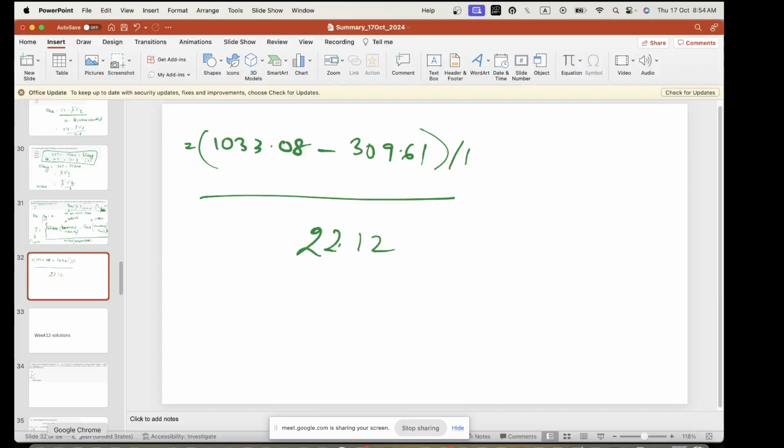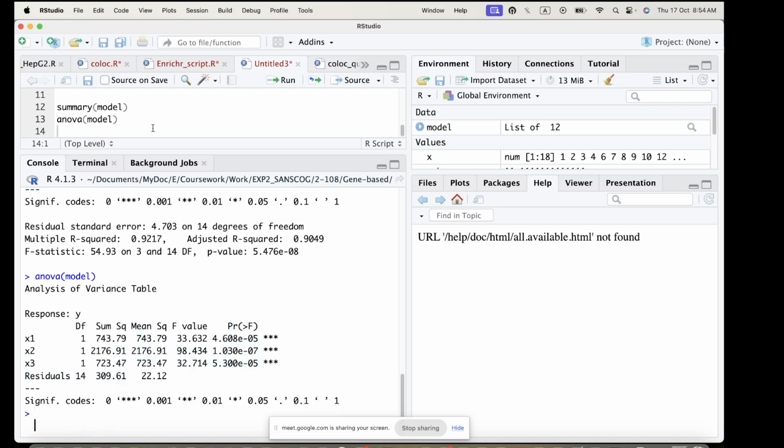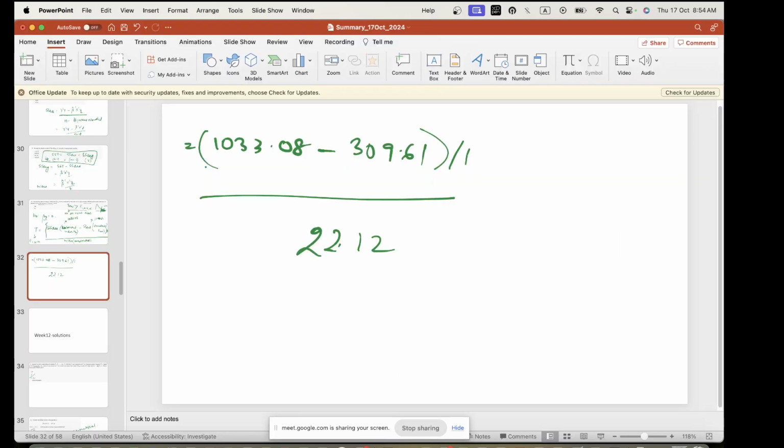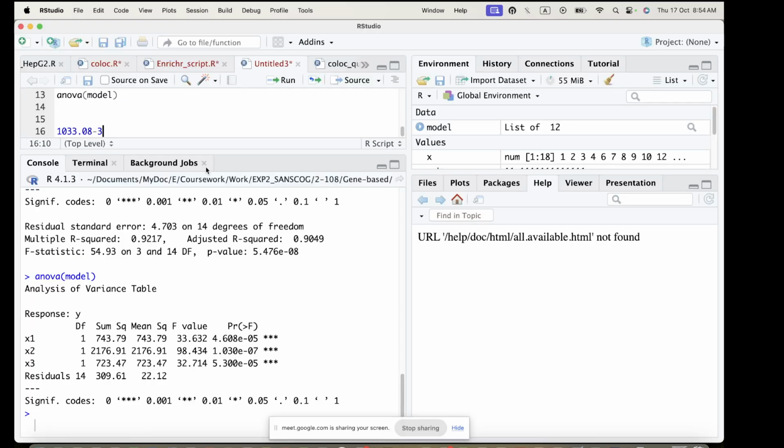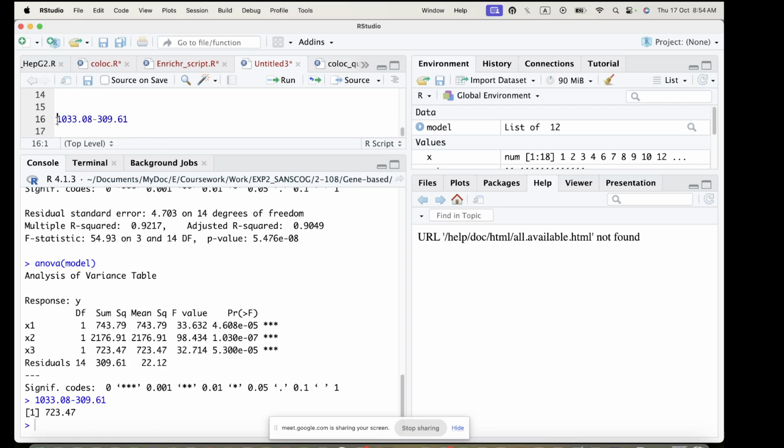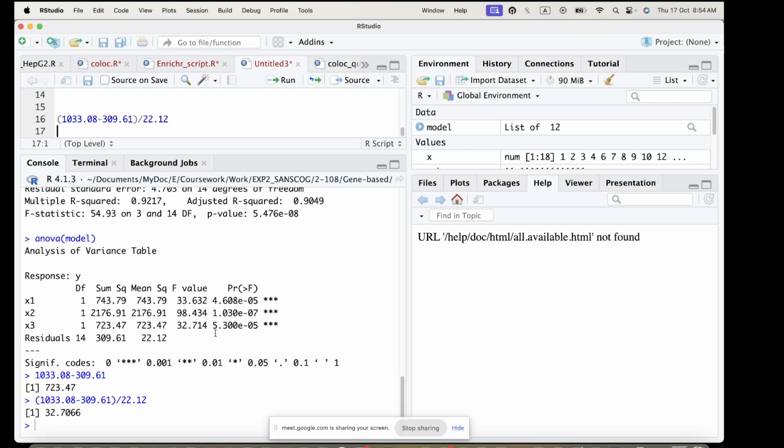So if we try to do this, how much do we get here? 1033.08 minus 309.61, divided by 22.12. So we have 32.714. There must have been some approximations to get this 1033.08. So it's close, 32.7.